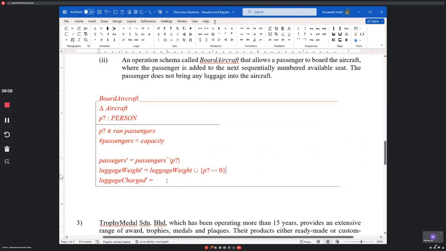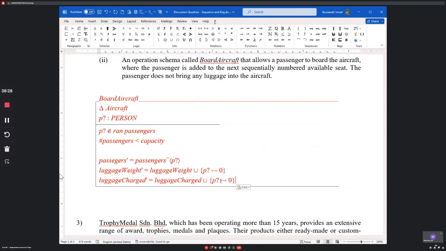And then here, same thing for luggage charge: union, and you put 0 also. So that is how you do the operation.